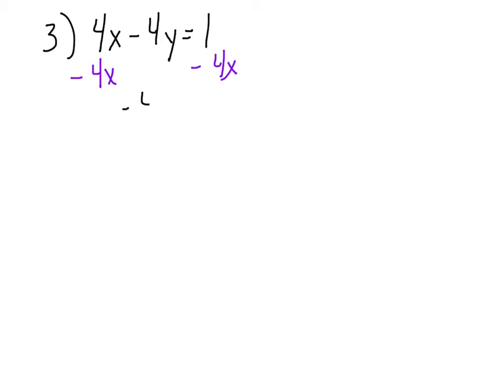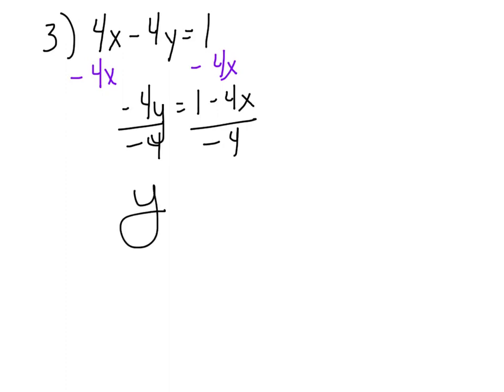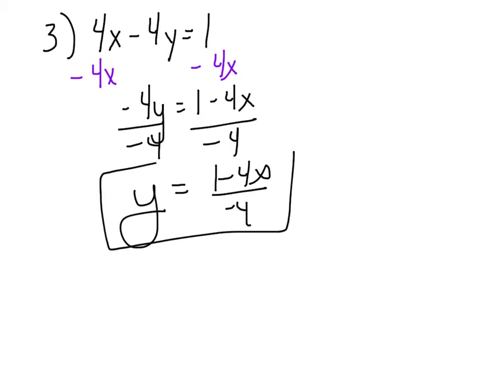That gives me negative 4y equals 1 minus 4x. I now have to get rid of a times negative 4, so I divide everything by negative 4. My equation is y equals 1 minus 4x divided by negative 4. And that's my answer. Let's do one more.